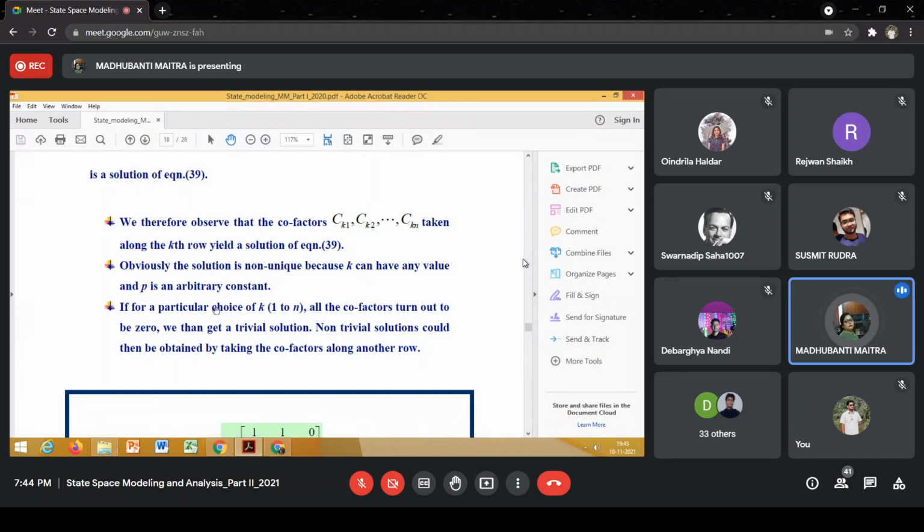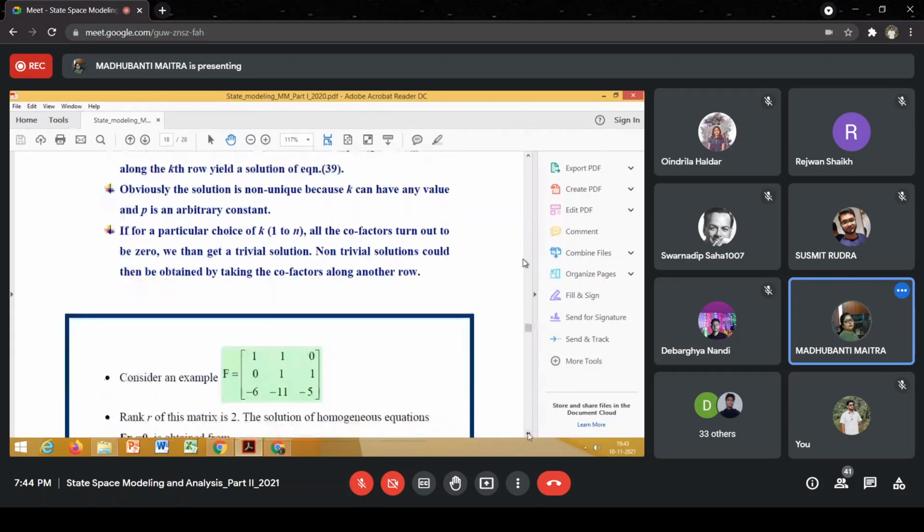And if for a particular choice of k, we find that all the values x1, x2, x3 come out to be equal to 0, that means we'll be getting the trivial solution, and we are not interested in the trivial solution, and hence we'll have to choose some other row, and we'll have to find some non-trivial solutions for this given set of n homogeneous equations.